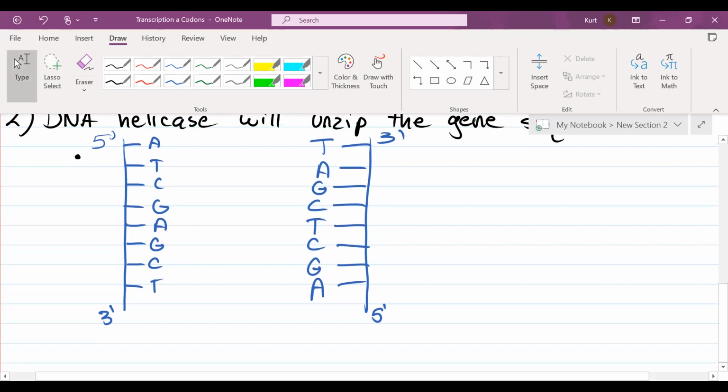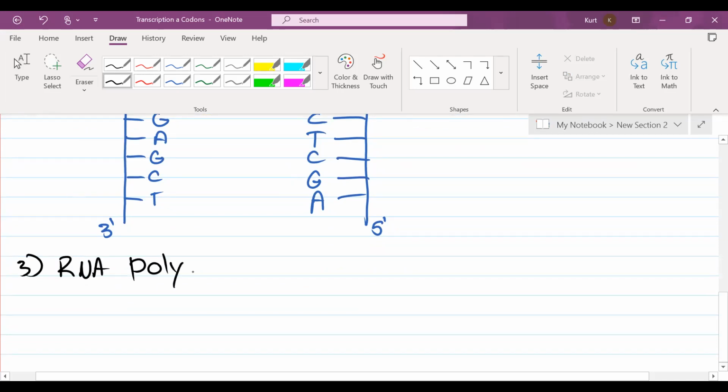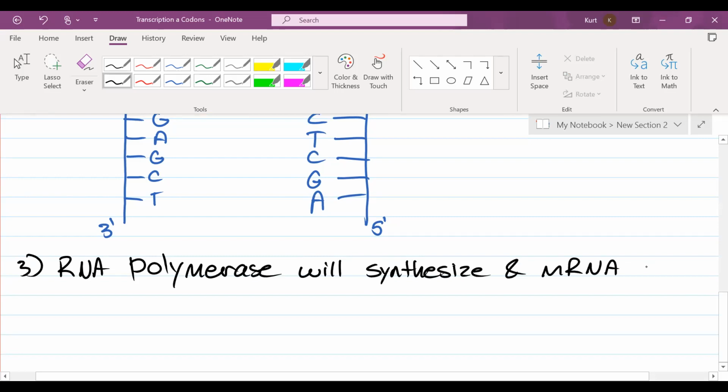All right. Now, pretty much third and final step. Here's your new enzyme for today. RNA polymerase will synthesize an mRNA sequence according to the DNA template.